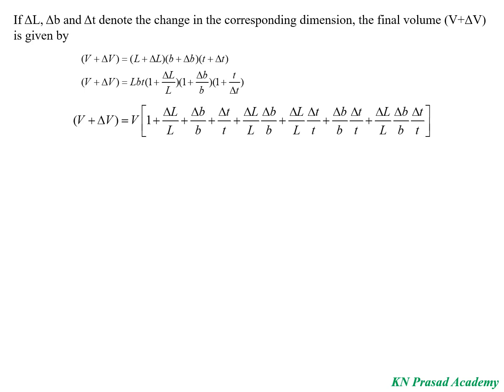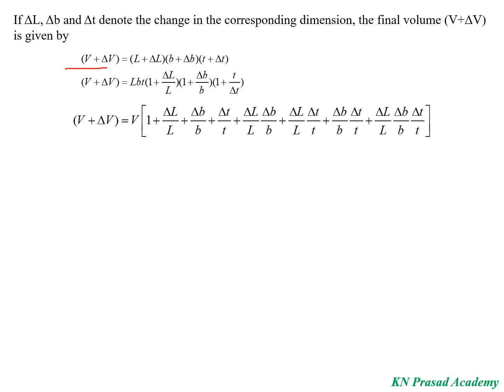So when we apply the stress in the direction of the longitudinal axis, the volume will change. Then the final volume will become V plus delta V, that is, the initial volume plus the change in volume. We write V plus delta V equals the product of the length plus change in length, into the initial width plus change in width, into the initial thickness plus change in thickness.